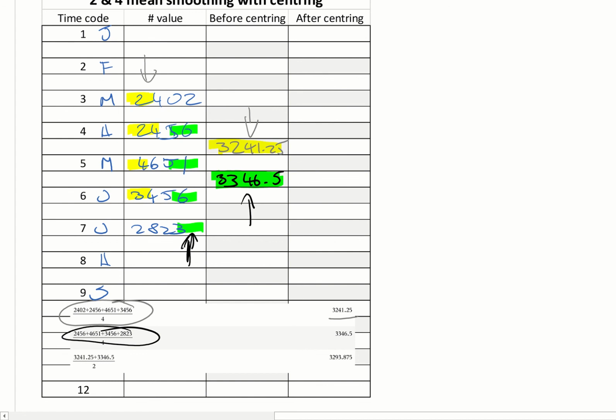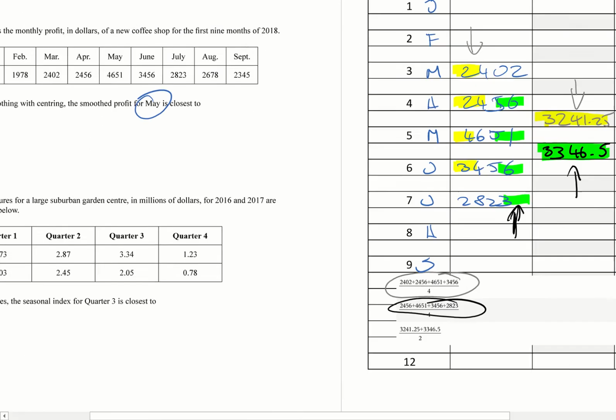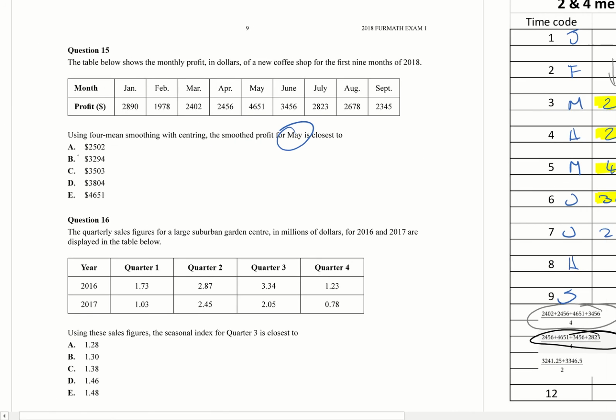When I get the average of those two, my answer is going to be 3293.875, but we're after the nearest number, which corresponds to 3294. That gives us our answer as B.